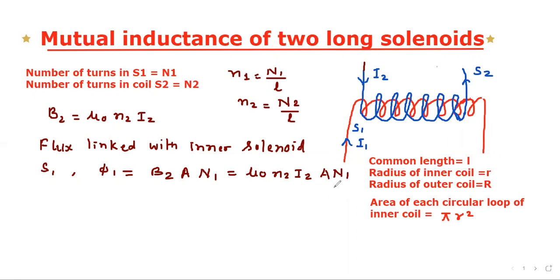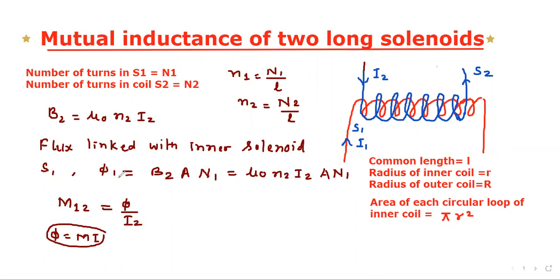Now, mutual inductance of coil 1 with respect to coil 2 is written as M12, which is equal to phi upon I2. This is from the fact phi equal to M i. So M12 equal to phi upon I2.